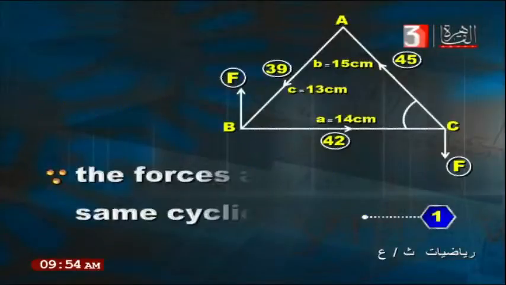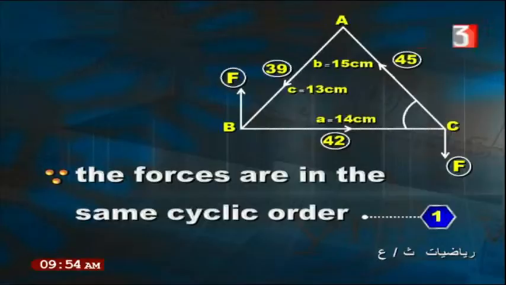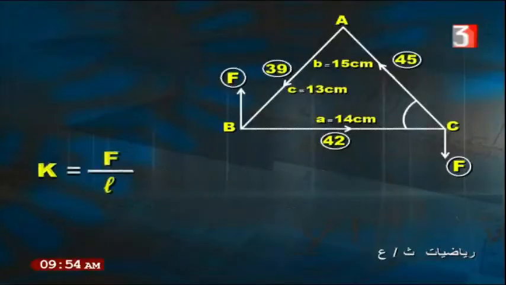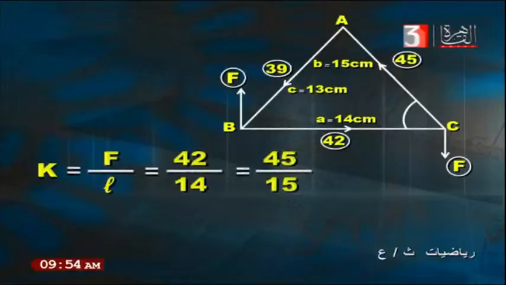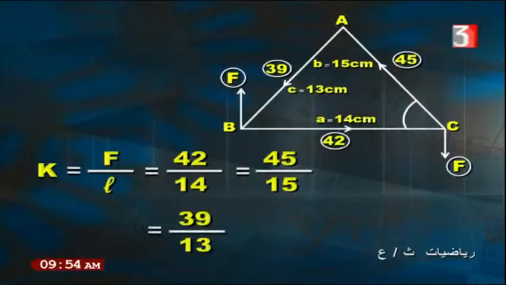Look at, my dear student, the forces are in the same cyclic order. What do you mean? The constant K equals F over L. 42 over 14 equals 45 over 15 equals 39 over 13 equals 3.